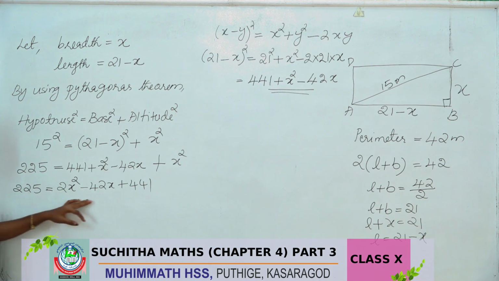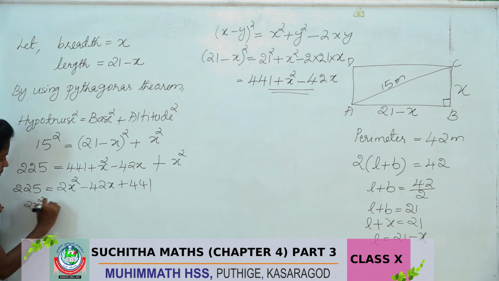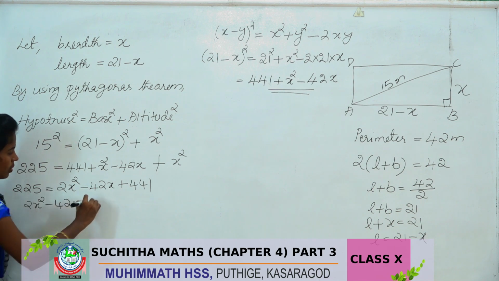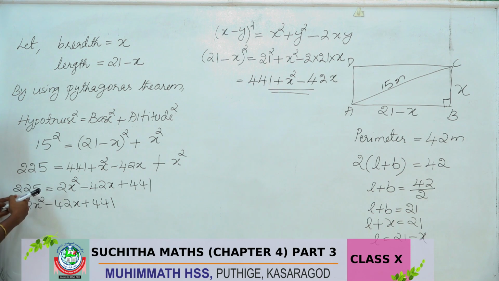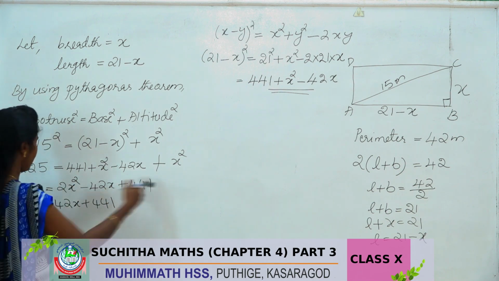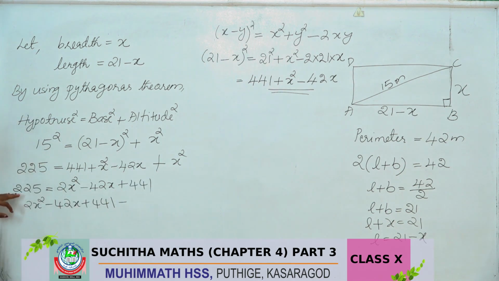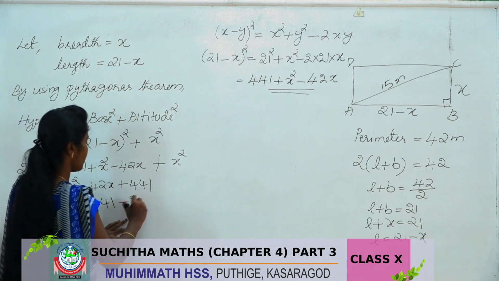It is not in the form equal to 0. So convert this into the form equal to 0. That is 2x square minus 42x plus 441, and here it is 225. Shift this to this side. That is, 225 becomes minus 225.